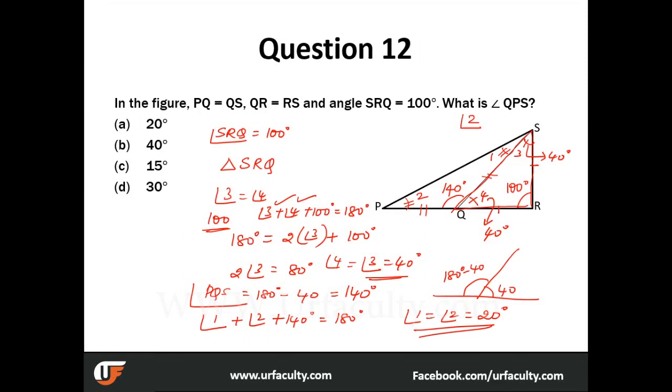Right? So we now know that this angle is equal to 20 degrees and this angle is equal to 20 degrees. So what are they asking for? They asked for angle QPS. Angle QPS is equal to 20 degrees. So I hope you're able to understand this.